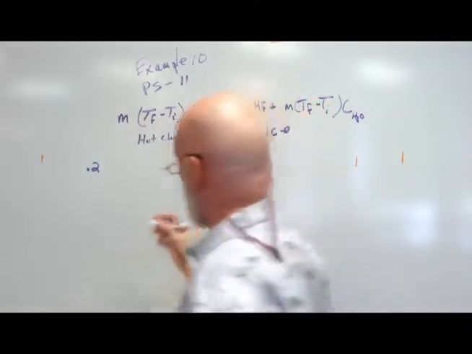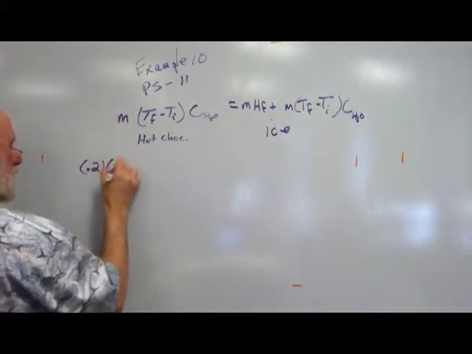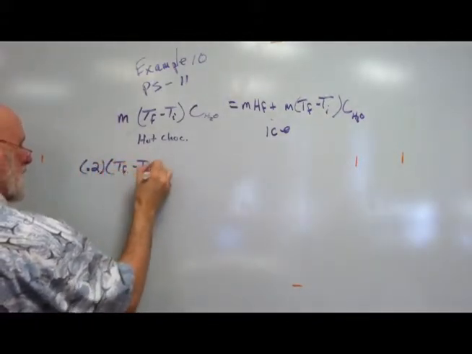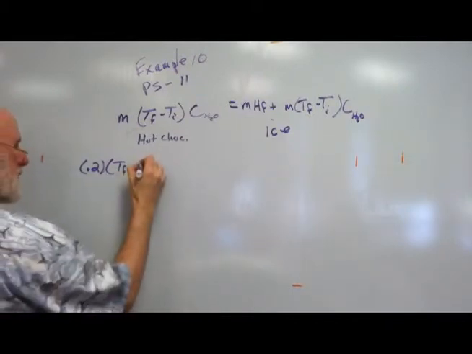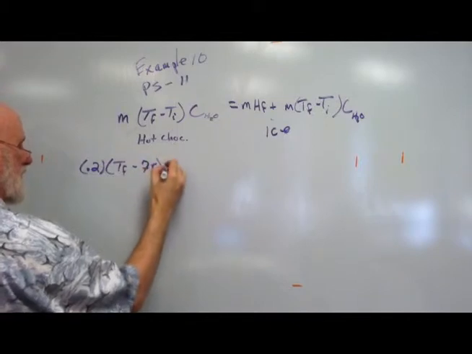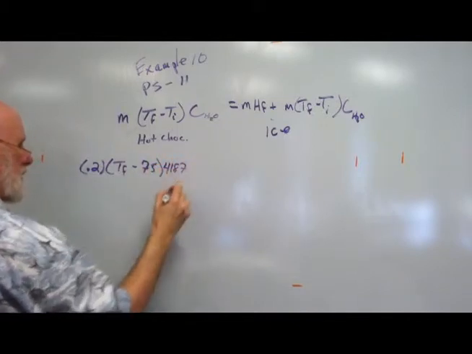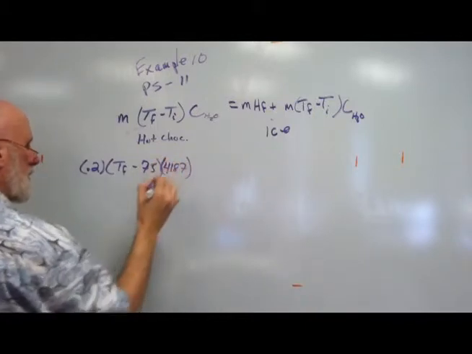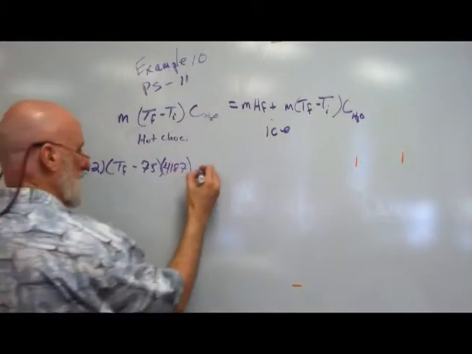So 0.2, TF minus TI, we know that. TI is what? 75. And that's the specific heat capacity, 4187, right?